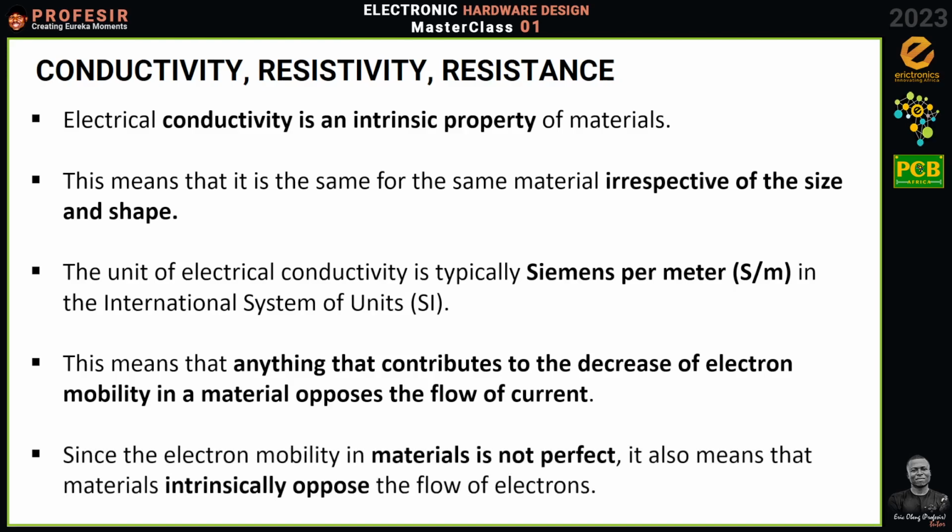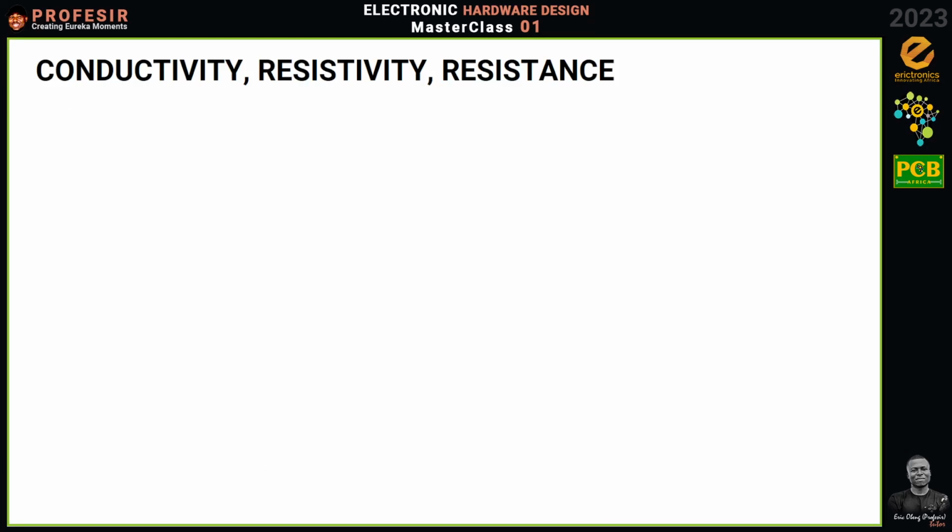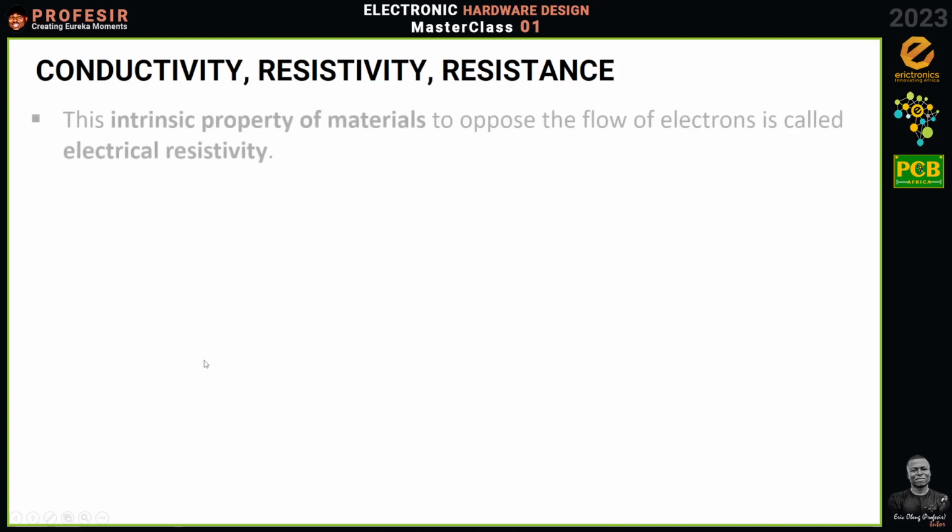Since materials are not perfect, every material has an intrinsic quality to oppose the flow of electrons. They have an intrinsic quality to have a certain conductivity, the same way they have an intrinsic quality to oppose the flow of electrons. Now, this intrinsic quality is what we call electrical resistivity.